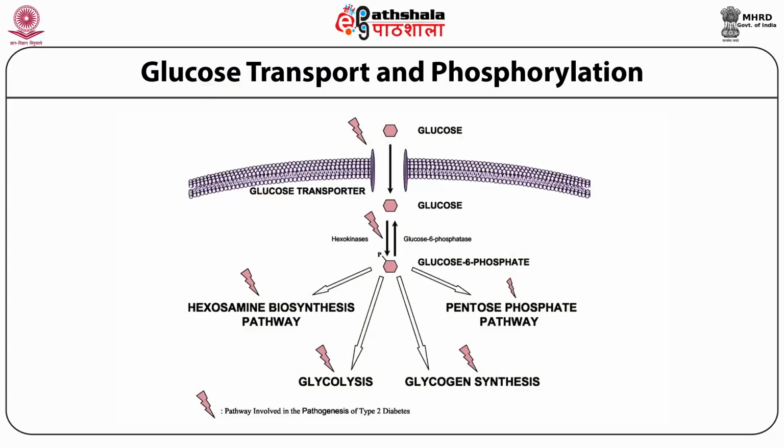Glucose transport and phosphorylation. Each class of biomolecule has alternative fates depending on the metabolic state of the body. Glucose 6-phosphate is the intracellular form of glucose. Glucose is released into the blood, to be used by tissues and cells, when glucose 6-phosphate is dephosphorylated by glucose 6-phosphatase.